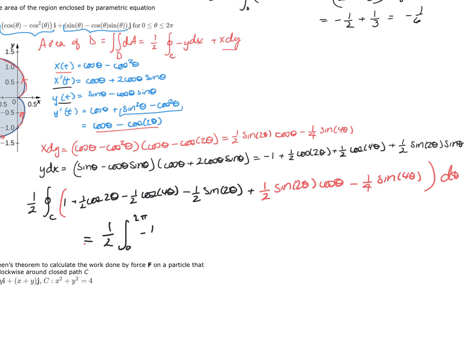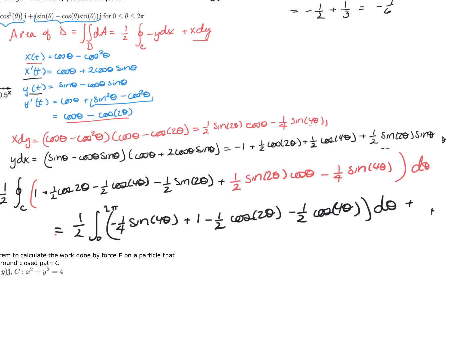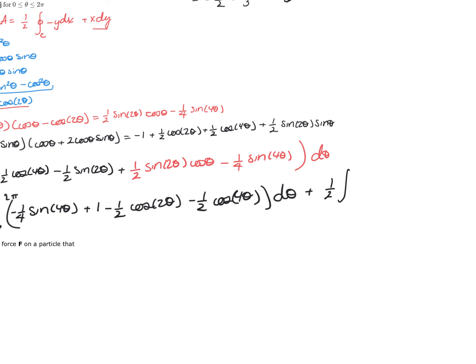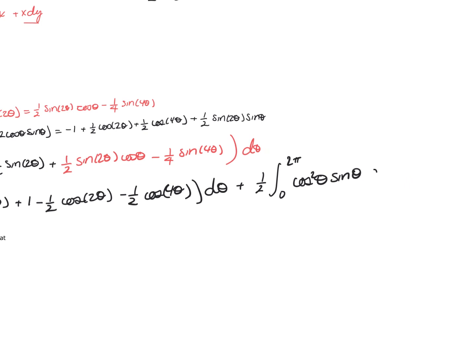of -1/4, after some simplification, the sine of 4 theta plus 1 minus 1/2 the cosine of 2 theta minus 1/2 the cosine of 4 theta d theta, and then plus my second half, which is 1/2 the integral of 0 to 2 pi of the cosine squared theta, the sine of theta, d theta.